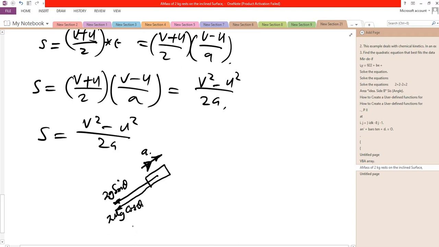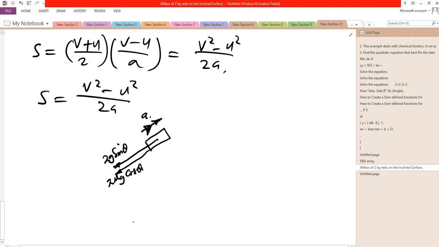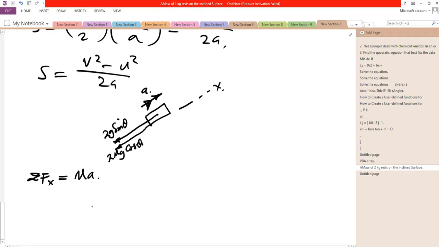So these are the only forces acting along the inclined plane. So the summation of forces along the x-axis, which is along the inclined plane, will be equal to the mass of the object times the deceleration.